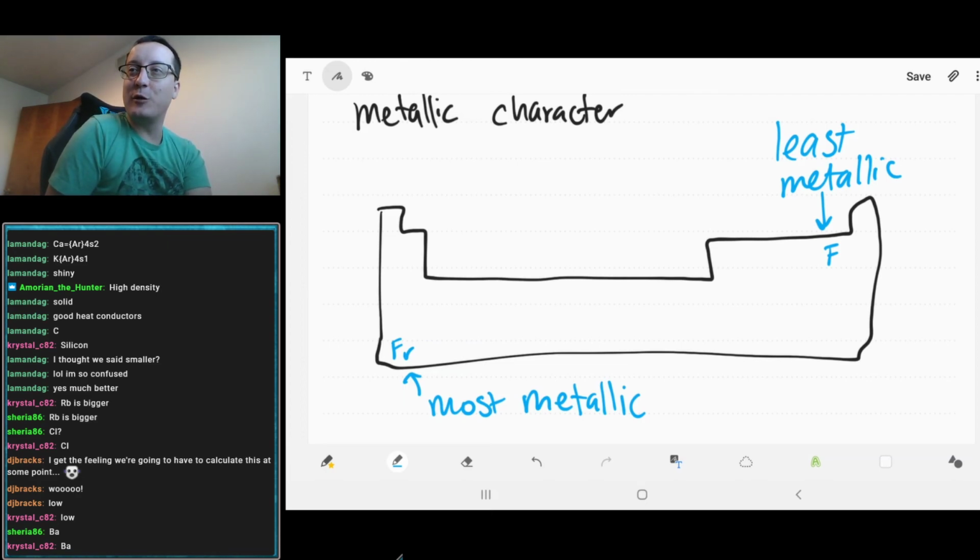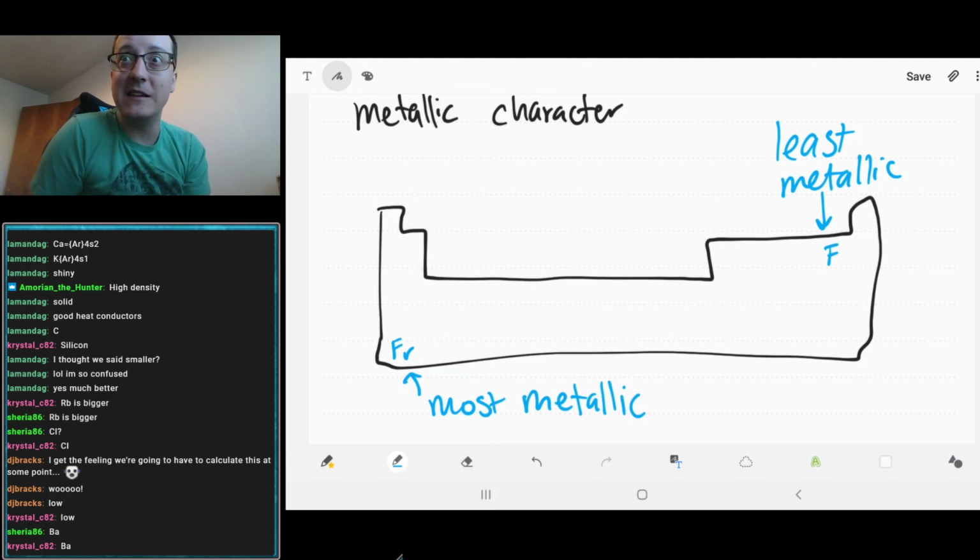So we're going to see that fluorine is the least metallic element. And that makes sense, right? It's smack dab in the middle of the nonmetals. And if we remember that nonmetals want to gain electrons and metals want to lose electrons, we just described that francium, it's easy for it to lose electrons. It wants to lose that electron.